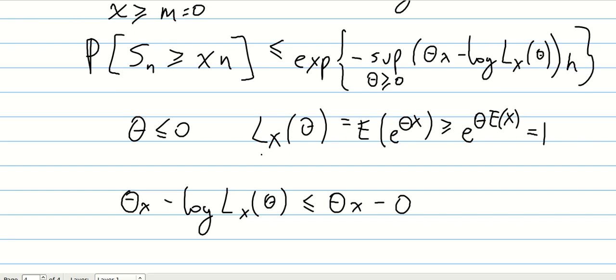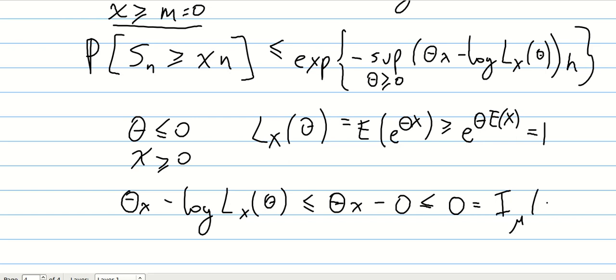Remember that theta is negative and x is non-negative, right here. So theta is non-positive, x is non-negative, so this is smaller or equal to 0.